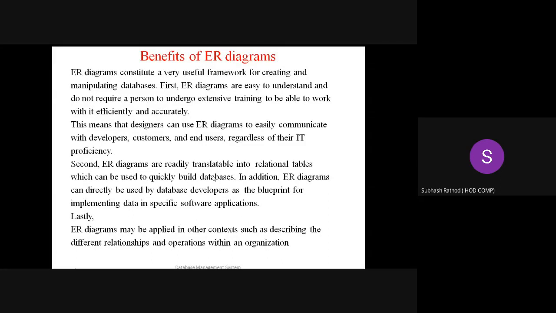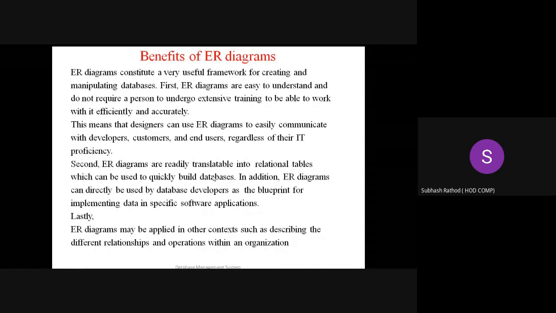Once you complete the ER diagram, the implementer can easily understand what you drew, and implementation will go in an efficient and accurate way. This means that the designer can use the ER diagram to easily communicate with the developer.